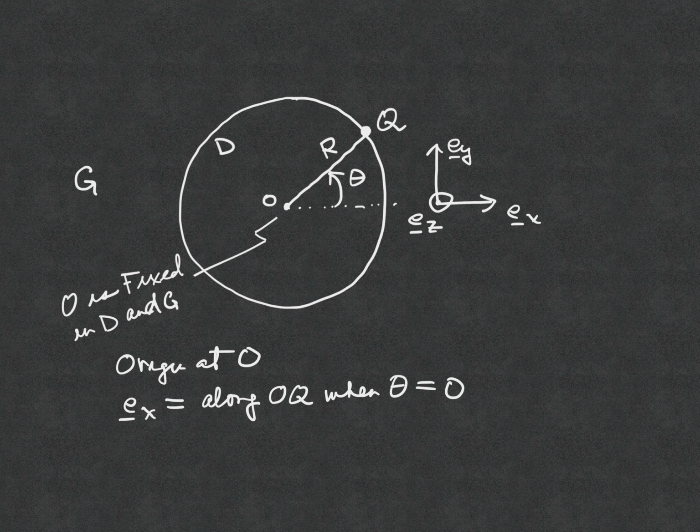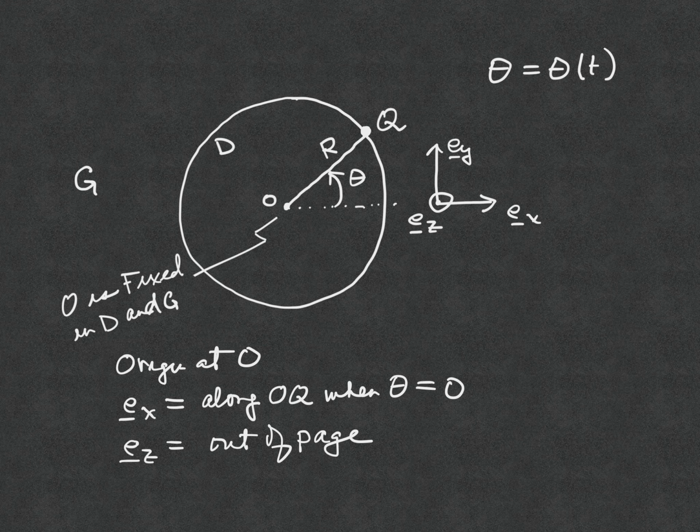Of course theta changes with time because the disk is rotating relative to the ground. So theta is a function of t. I didn't actually say that, but it's not constant, so it's changing with time. And then EZ is the direction out of the page. And then EY is equal to EZ crossed with EX. Now this coordinate system is fixed in G.